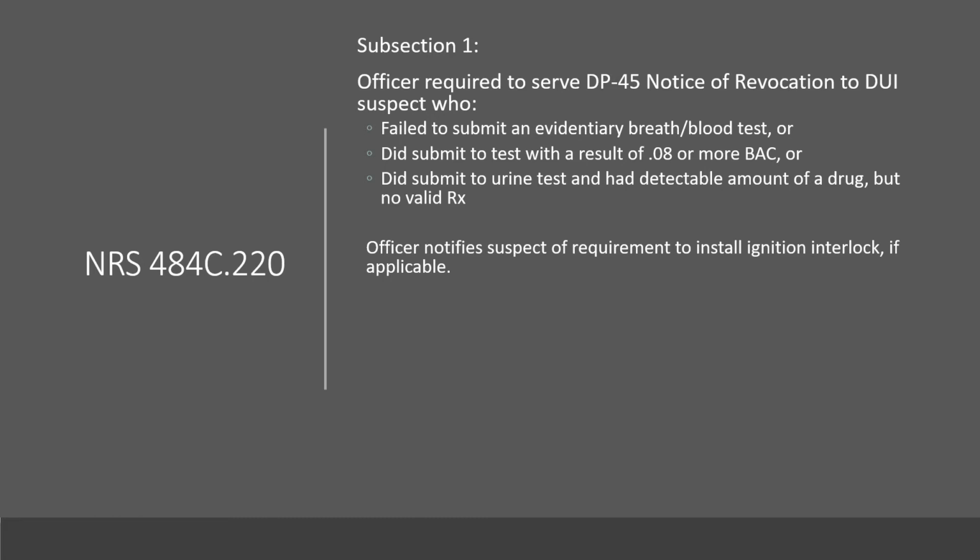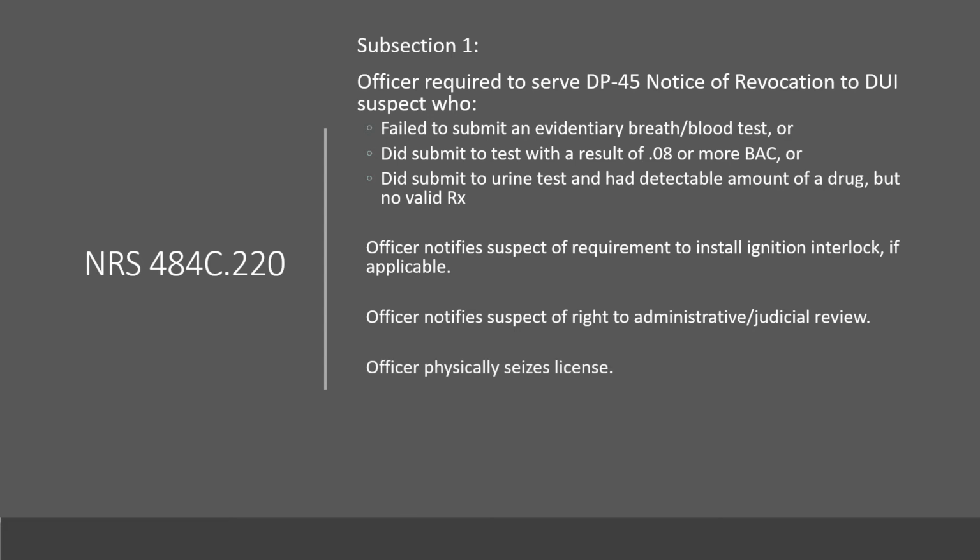Those include the requirement for an interlock device in the vehicle when the person's BAC is 0.08 or above, the right to an administrative or judicial court hearing to get the license reinstated, and the immediate seizure of that driver's license. Most law enforcement officers who have conducted several DUI investigations in the course of their career are familiar with this procedure.